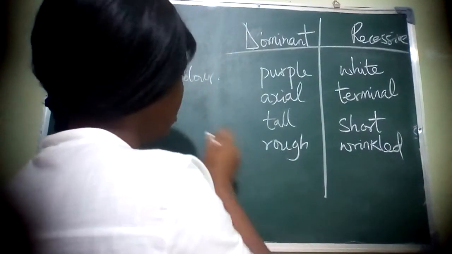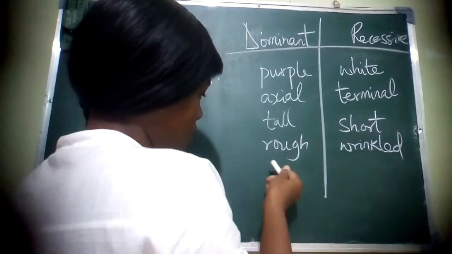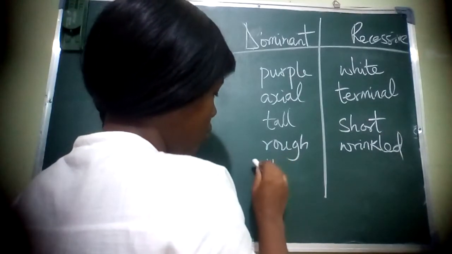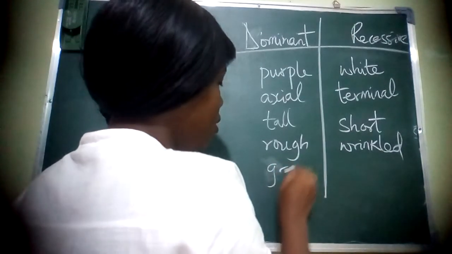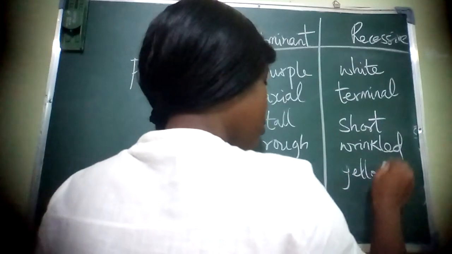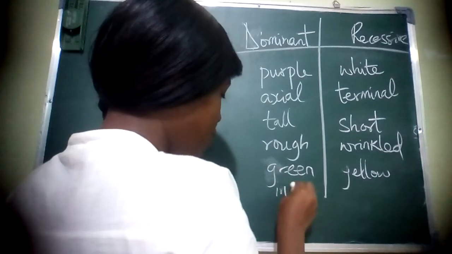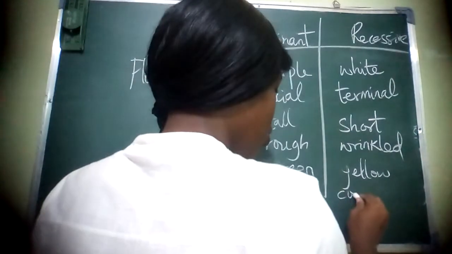For pod color, he observed that green was dominant over yellow pods. For pod shape, you notice that inflated pods were dominant over the constricted pods.